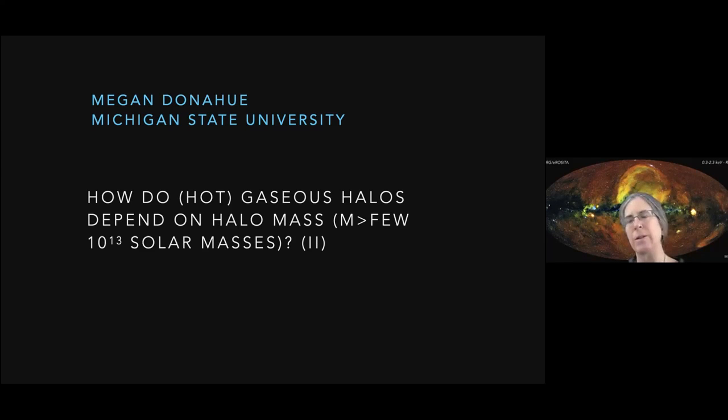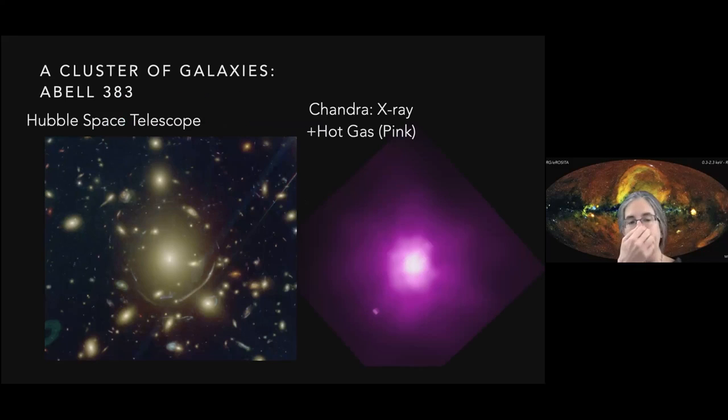What I would consider pretty high mass would be another order of magnitude higher than that, because when you get down to 10^13 solar masses, those gaseous halos get hard to see. And when I'm talking about seeing them, I'm talking about seeing the gaseous halos in the X-rays.